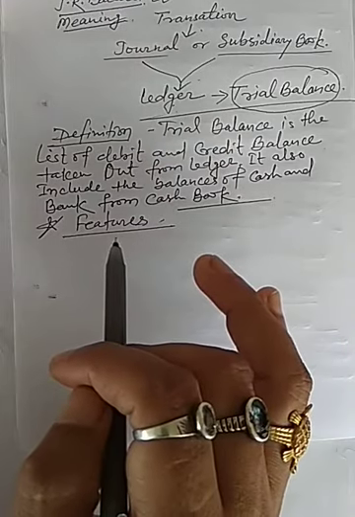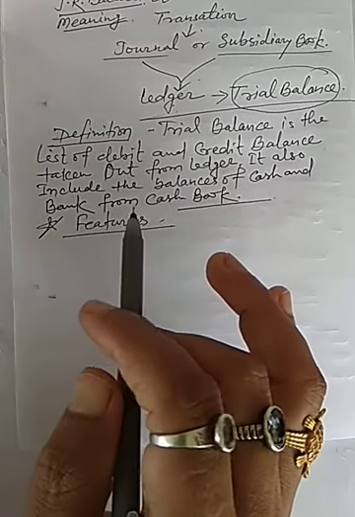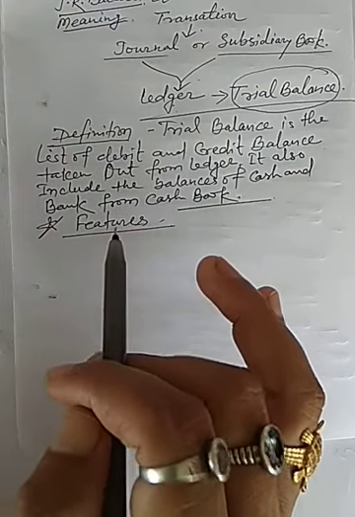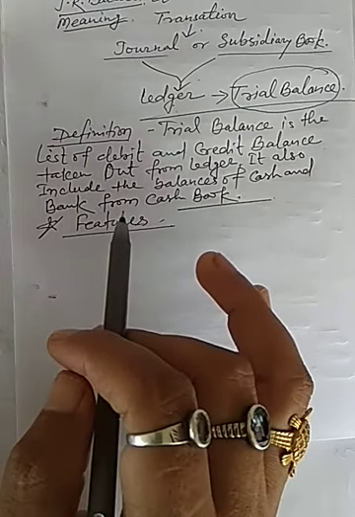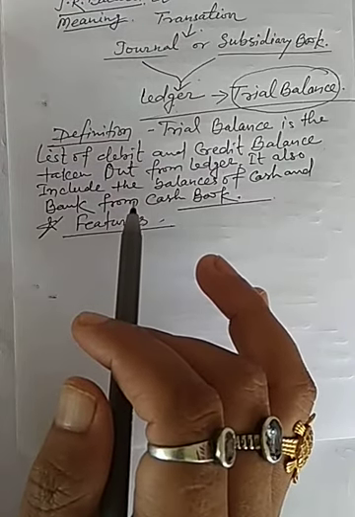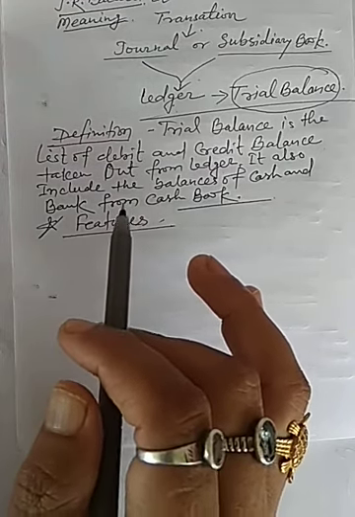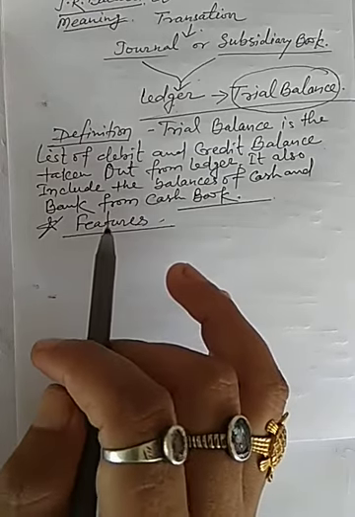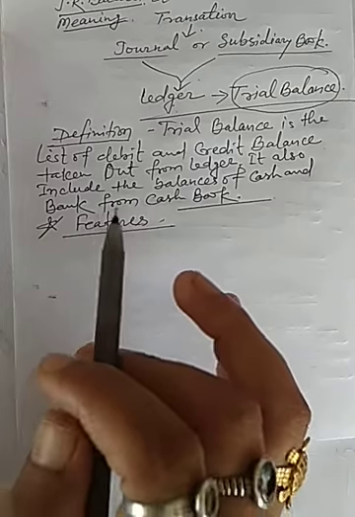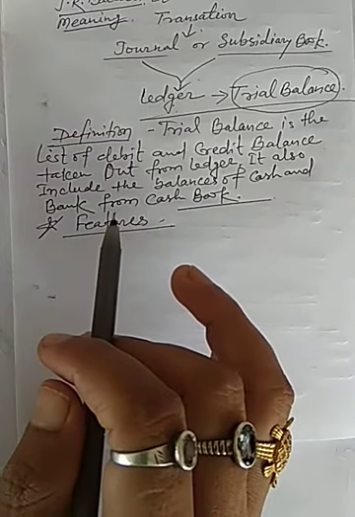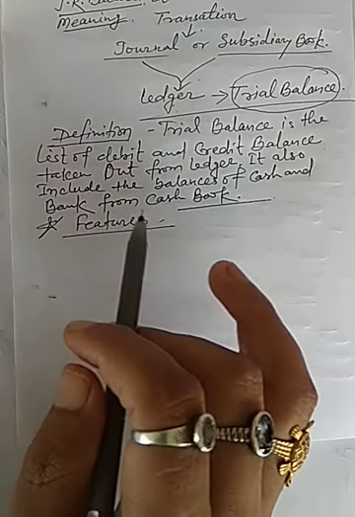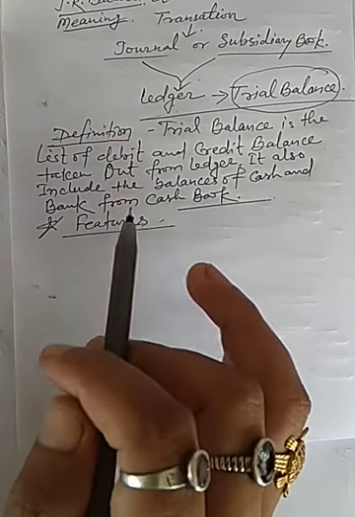It means, in spite of a trial balance tallying, it is not a proof of 100% accuracy, because some errors remain and are not found by trial balance.